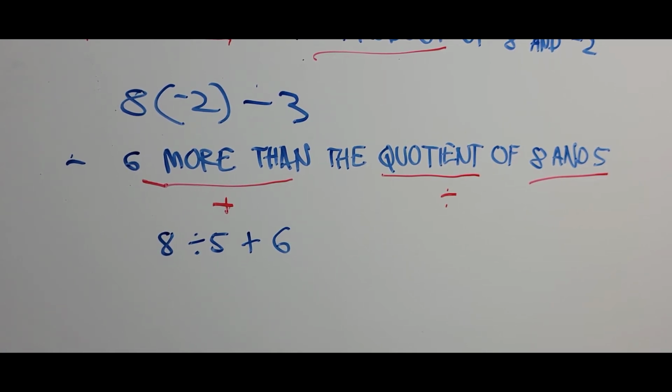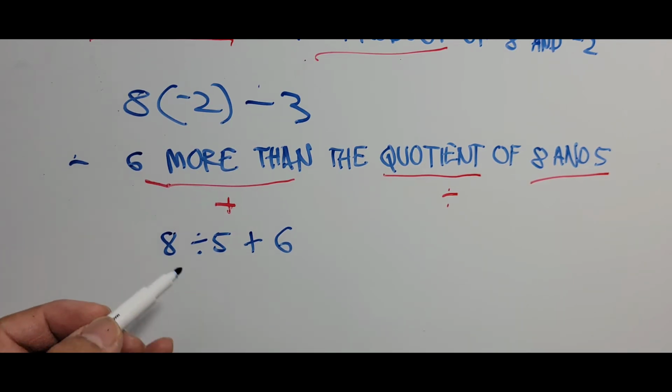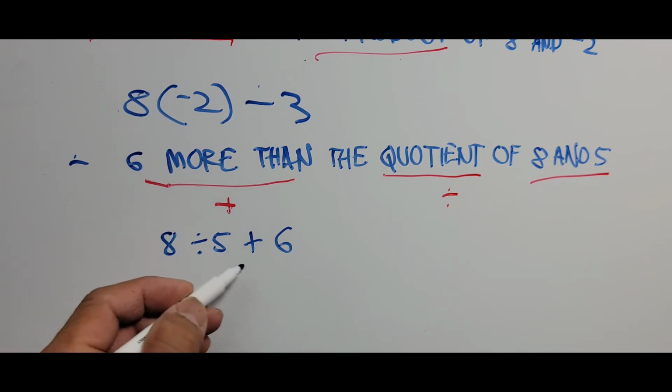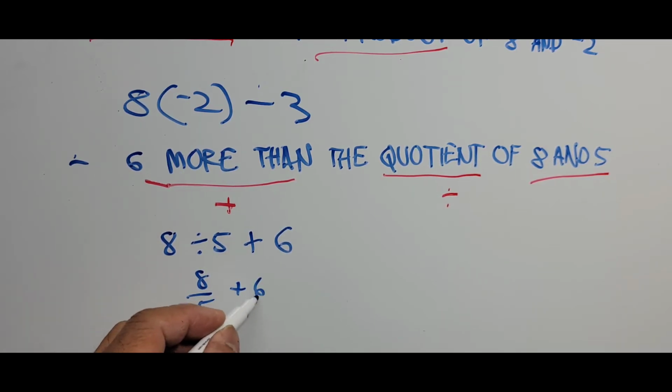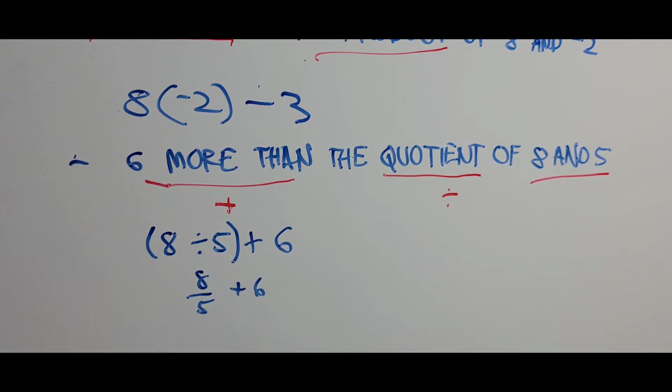Then when you simplify following the rule PEMDAS, parentheses, exponent, multiplication, division, addition, and subtraction. So that's division first. You perform division first before you add, right? That's how it is according to the rule. So you perform this first before you add. Divide by 5 first, then plus 6. If you put a parenthesis on that one right there, it's clear that we have to do this one first.